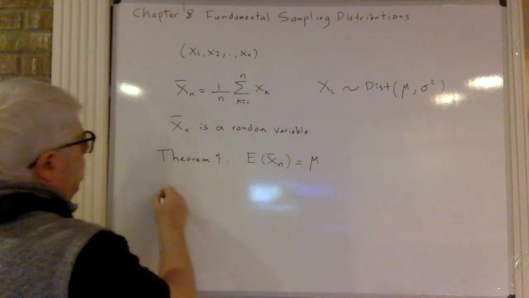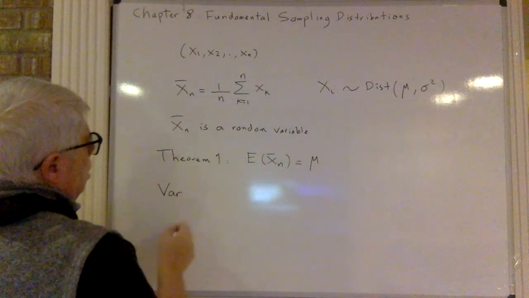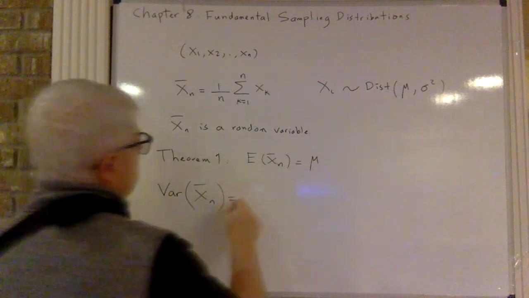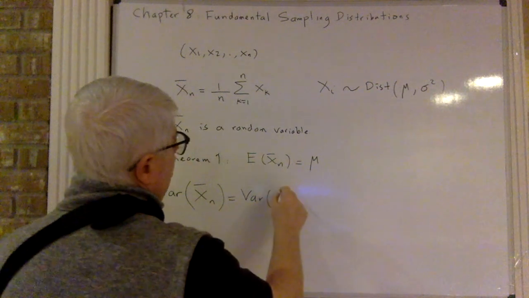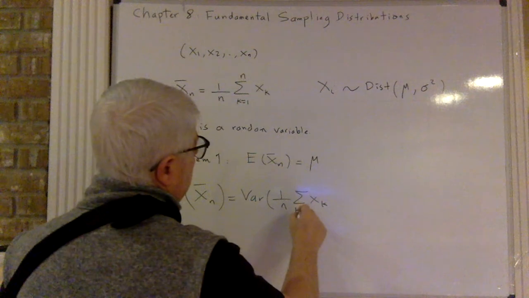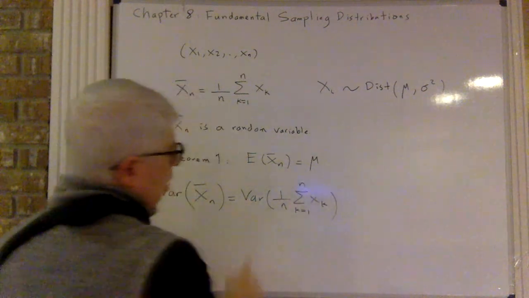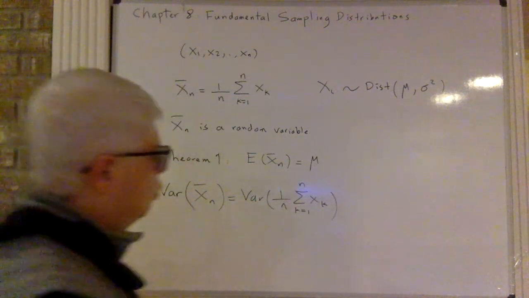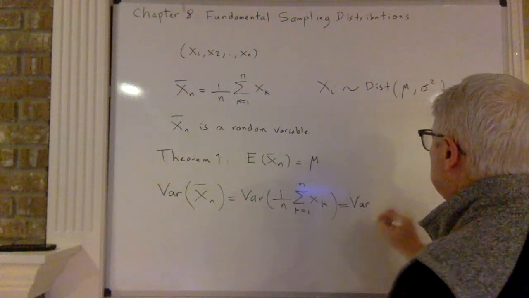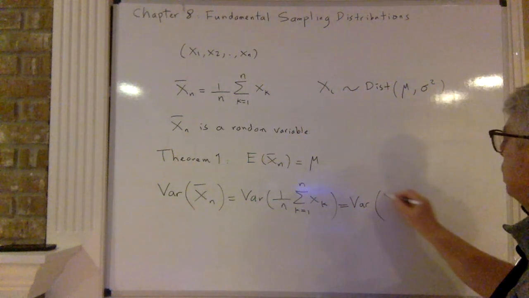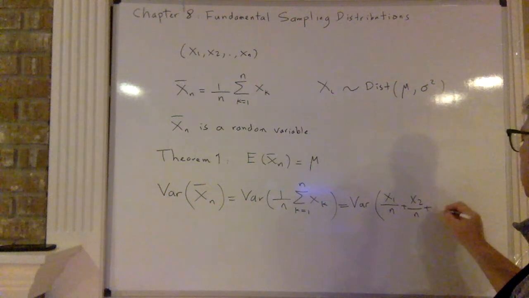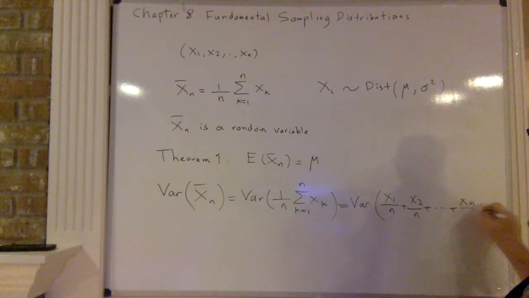So the variance of X bar n is the variance of 1 over n sigma xk, k from 1 to n. I can write this in this form, because variance is not linear, but let me write it like this. I have x1 over n plus x2 over n, up to xn over n. Okay?